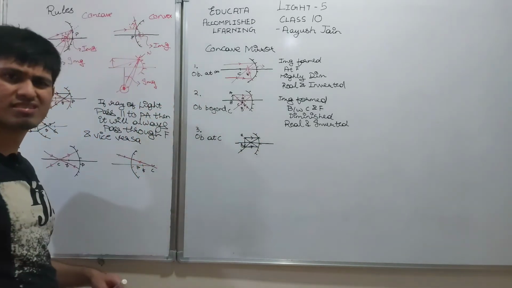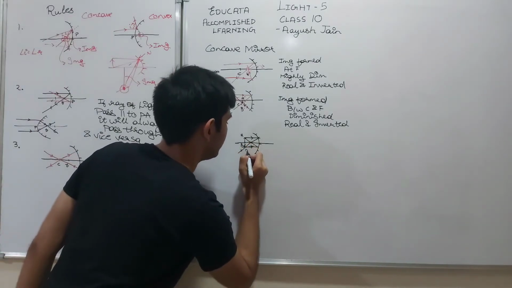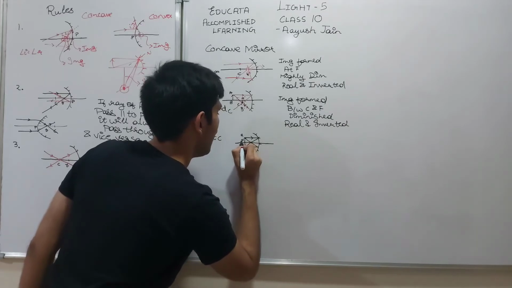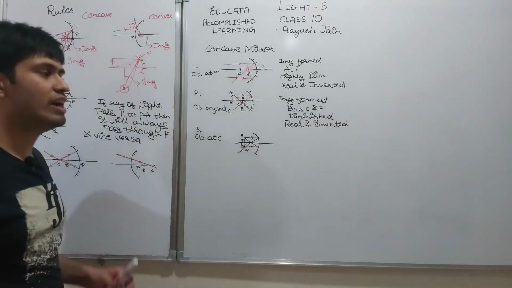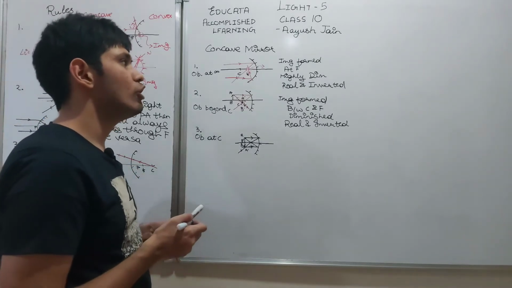What is the size of the image? This image is basically A dash B dash. And the size of the image that we are getting is basically the same. Yes, the image formed is basically of the same size.